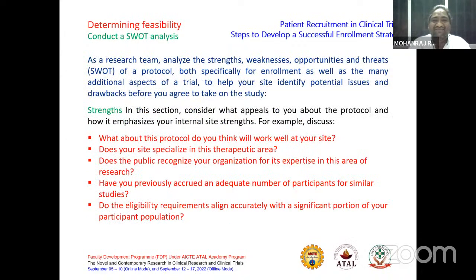Once feasibility from the sponsors has been made, the very important thing we have to do is a SWOT analysis. We have to explain the strengths, weaknesses, opportunities, and threats of the particular research, not only to the sponsor.